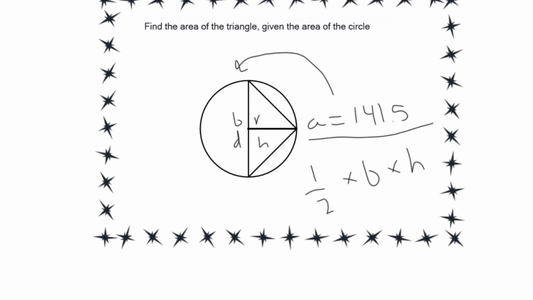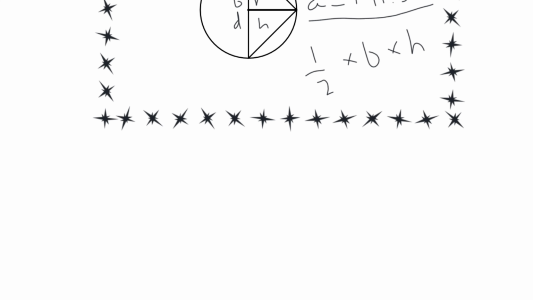Okay, so let's start doing this. So let's use the formula. So 141.5 would equal pi r squared.